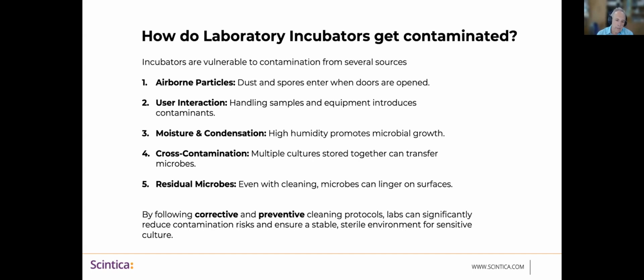And the last item here is the thing that we're trying to avoid. Even with cleaning, microbes can linger on surfaces, and we'll today talk about very specifically how to address that particular item. And then we're going to talk a little bit about corrective and preventive cleaning protocols.